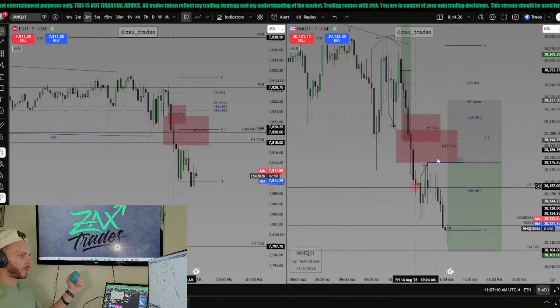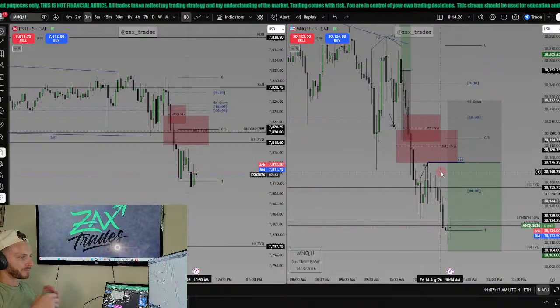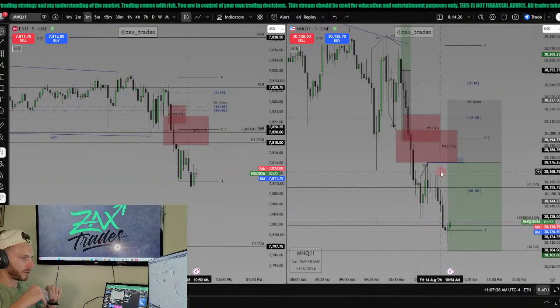You're gonna get something impulsive in the opposite direction of your draw on liquidity that you can get in at. And most of the time it does. But it seems like maybe it got enough people in off all those wicks that it was able to fall down another level there.